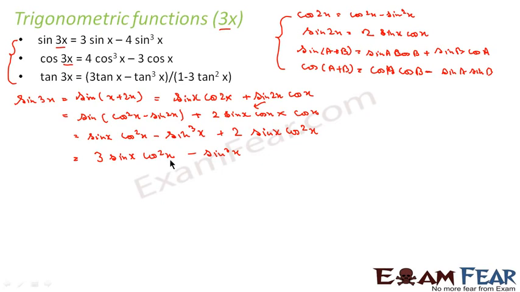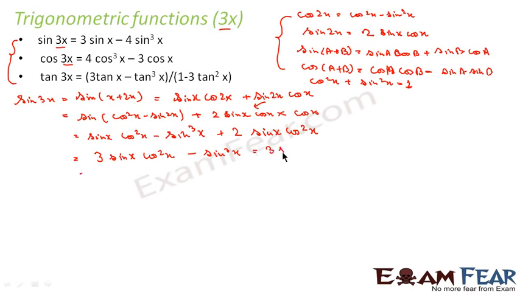Now this is cos square, and we want everything in sine form. It doesn't look good because we're expanding sine 3x; we don't want any cos square term. We want everything to be in sine form. We also know that cos square x plus sine square x is equal to 1. So similarly, cos square x is equal to 1 minus sine square x.